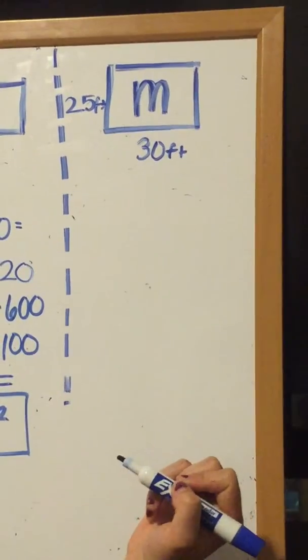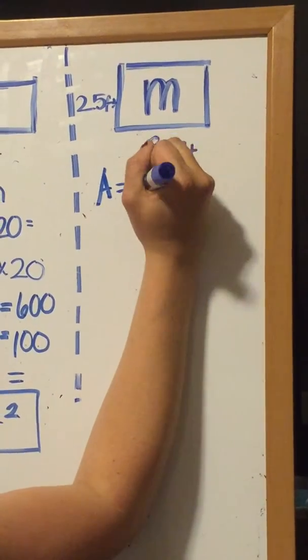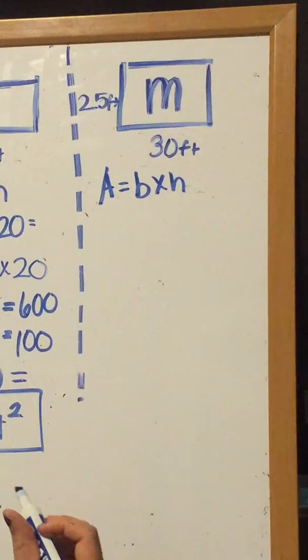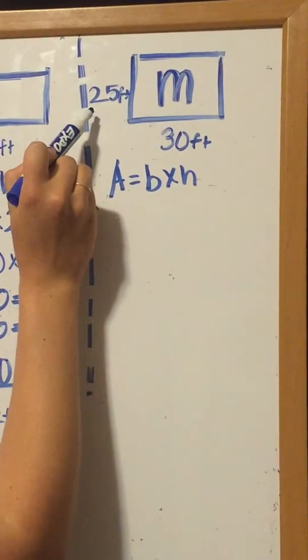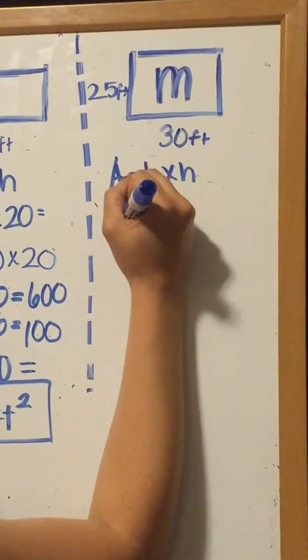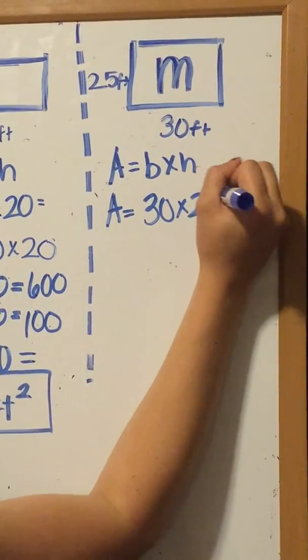Again, since we're finding the area, the formula will be area equals base times height. The base of McKenna's garden is 30 and the height is 25. So the total area of McKenna's garden will be 30 times 25.